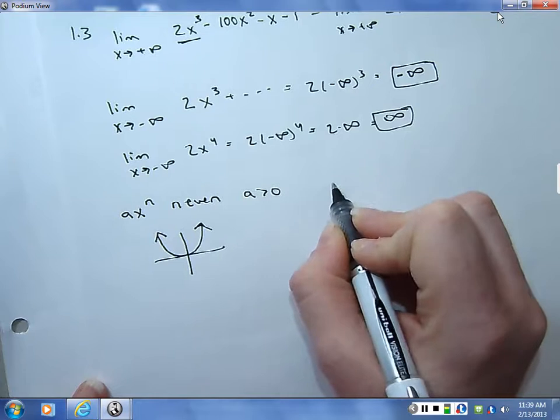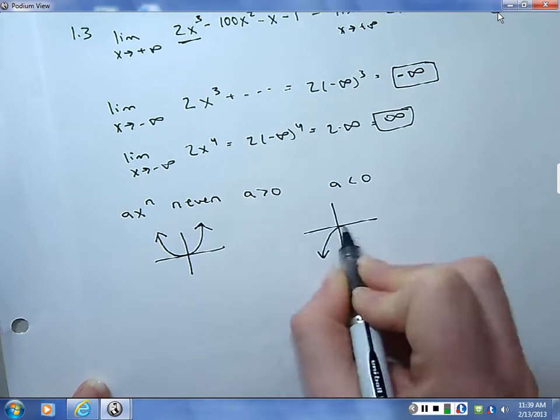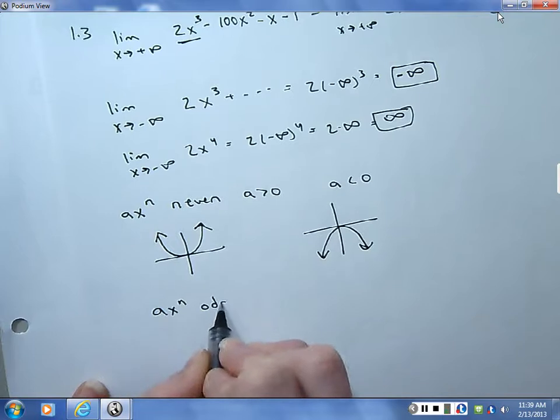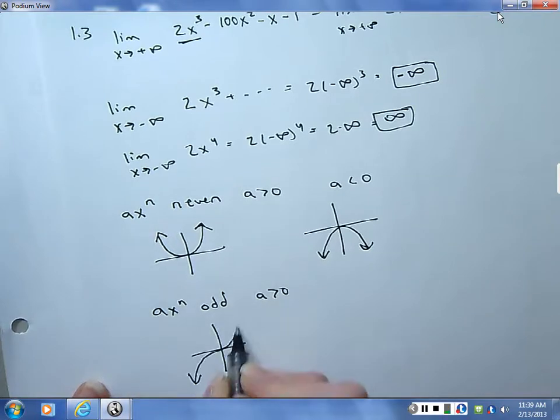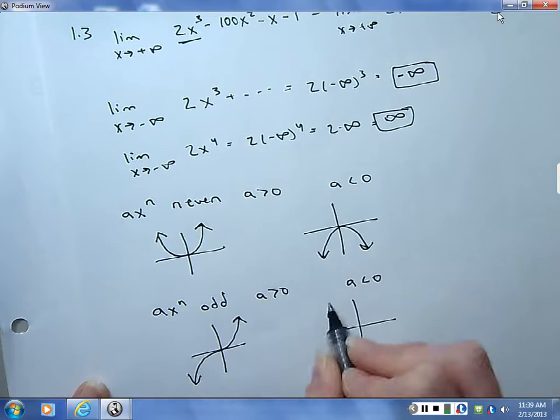If n is even and a is less than 0, I have the end behavior that looks like this. If n is odd and a is positive, I have a graph of a function that looks like this. And if a is negative, I have a graph of a function that looks like this. Right?